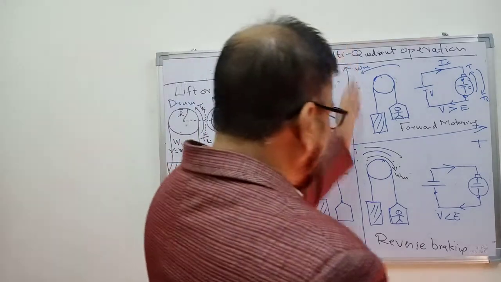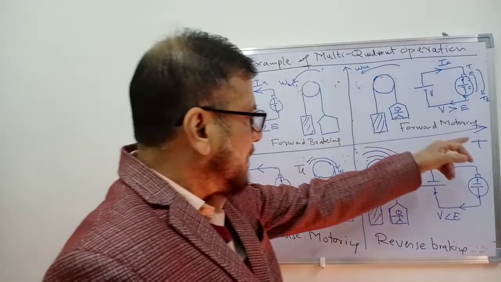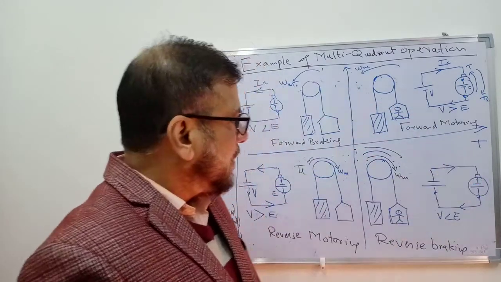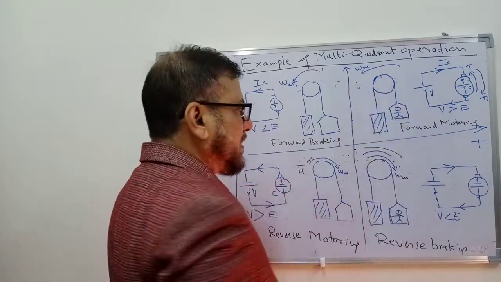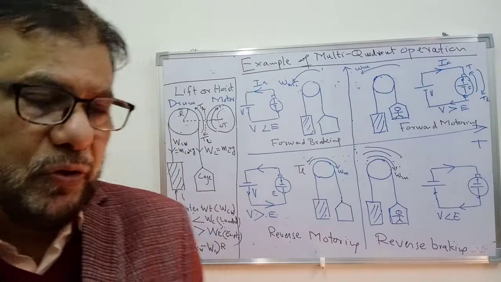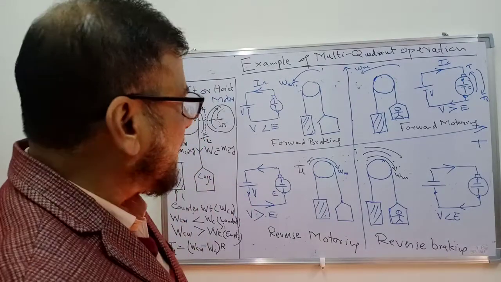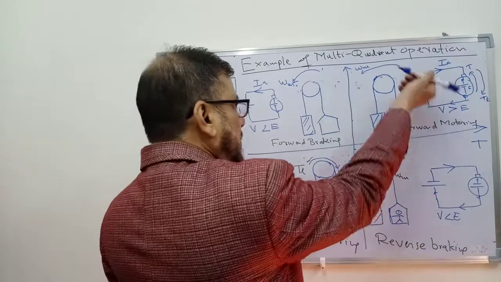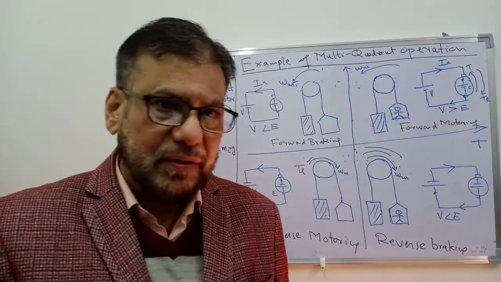Now here I have drawn these diagrams, speed versus torque, and let us discuss the first quadrant operation, that is the forward motoring mode. As we discussed in the previous lecture, we have taken a convention that the anti-clockwise direction is positive.